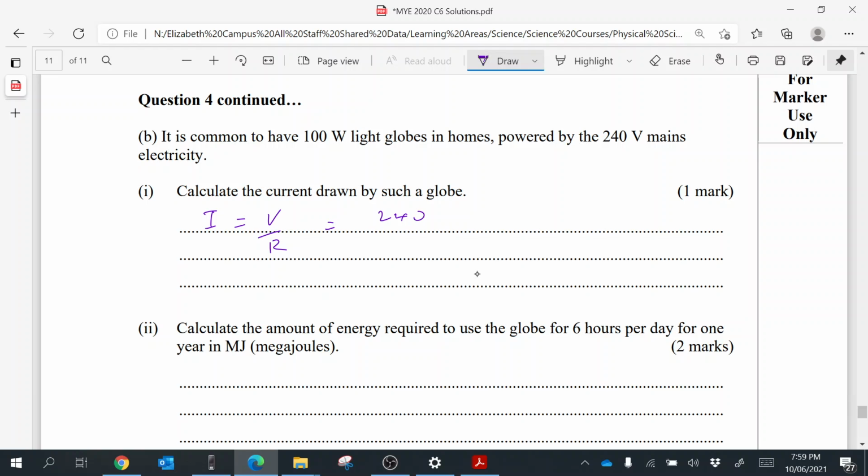Oh, it's a watt, isn't it? We haven't been given these. Hope you're not just following me blindly. Hope you're having a go at these before. This is power.